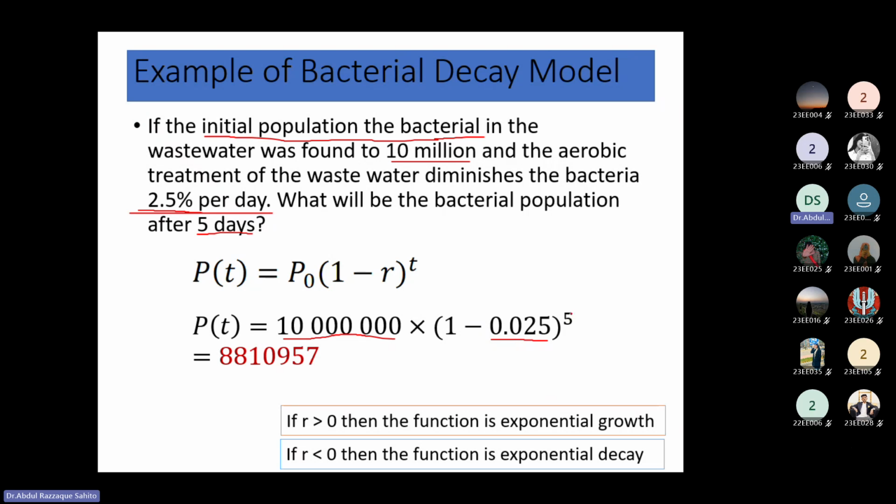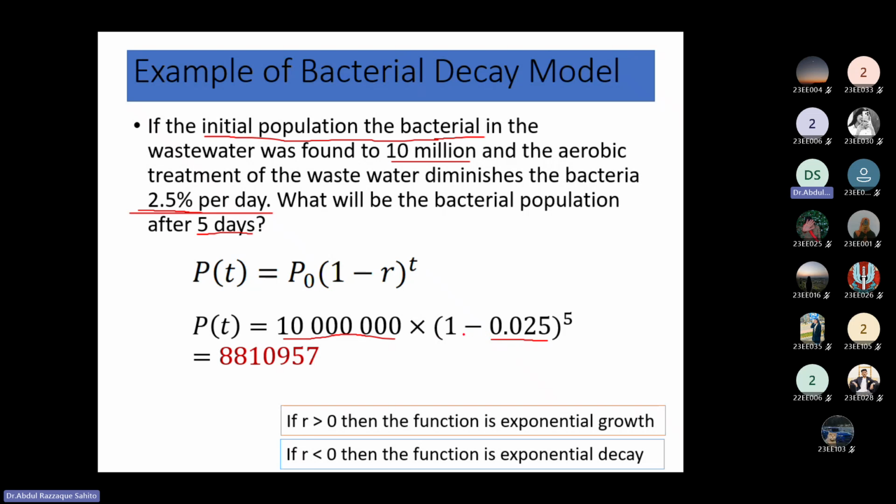If we take a power of that, it decreases. This will have a smaller value compared to the previous one. So the total population available at the initial stage, when the time is 0, is 10 million, and now it decreases to 8.81 million.